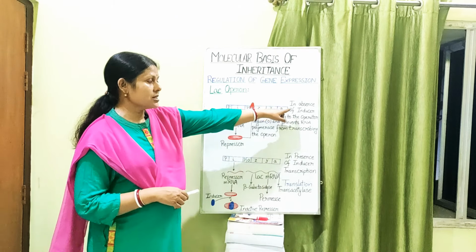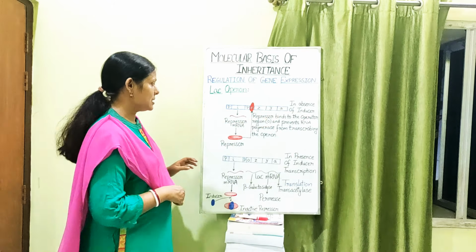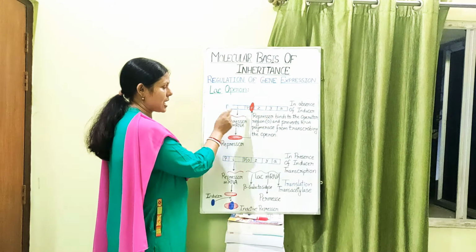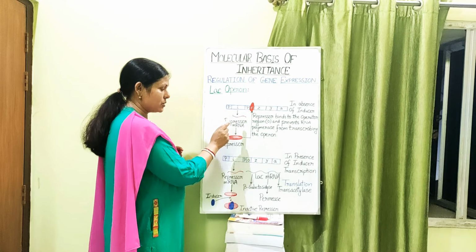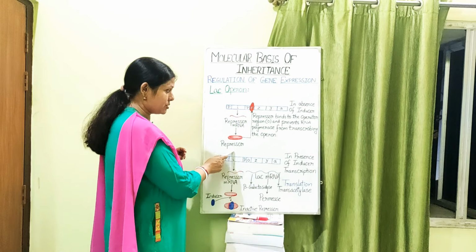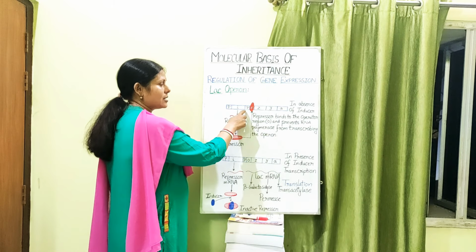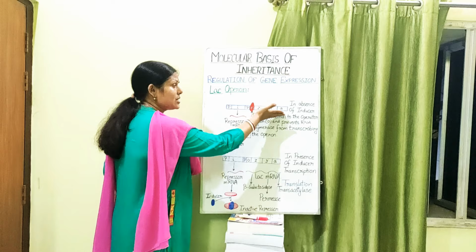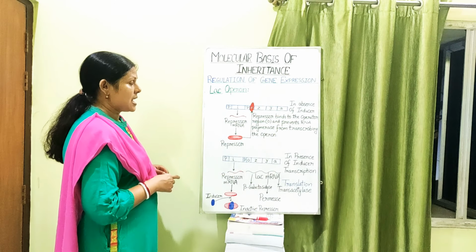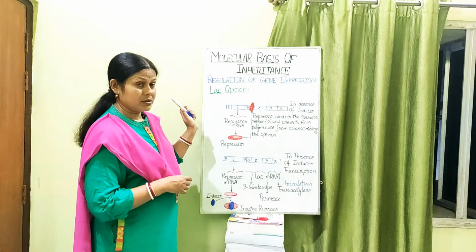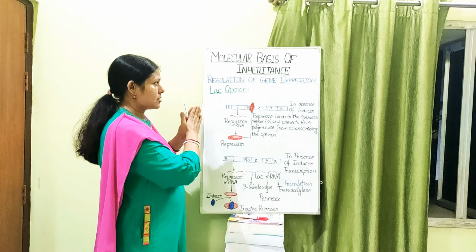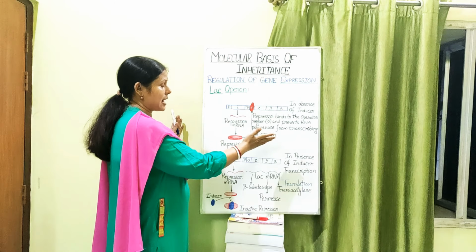When there is no inducer, that means when there is no lactose in the medium, in that case the regulatory gene I will be producing a repressor mRNA. With respect to it, a repressor protein is produced, which will be binding with the operator region, preventing the RNA polymerase from transcribing the structural genes. As a result, there is switching off of the Lac Operon.